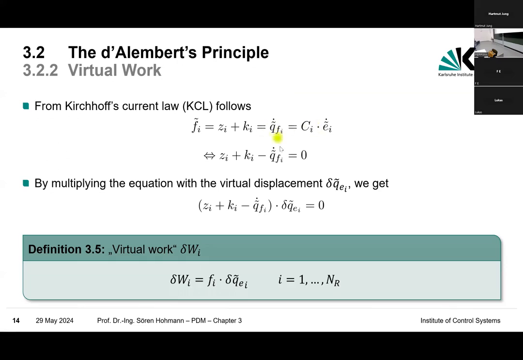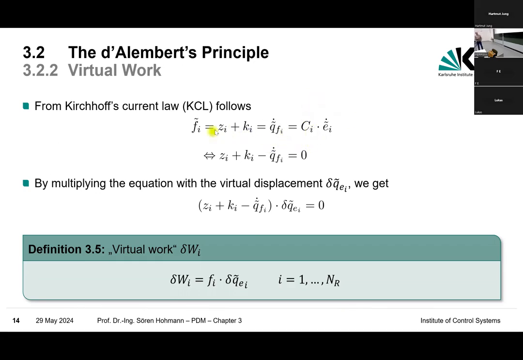That's it. And this is given by C_i times P_i dot tilde. That's the definition of a capacitor. So capacitance times the effort variable derived is the flow. That's something you learned in electrical engineering in the first semester. Nothing new at that point.